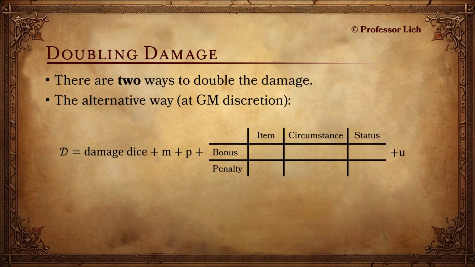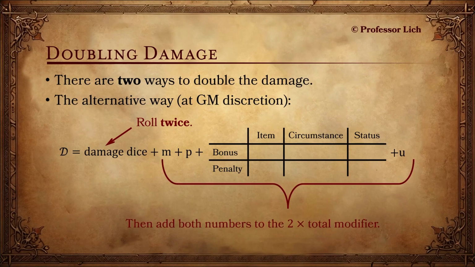Alternatively, if your damage roll is exceptionally low, you've had bad luck the entire session, and your GM is the sympathetic type, like mine is, instead of doubling the small number, they may let you roll again and then add your first result to the second and then add both numbers to 2 times the total modifier. According to the rulebook, this usually works best for single target attacks or spells at low levels when you have a small number of damage dice to roll.